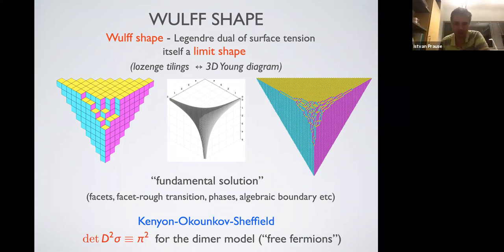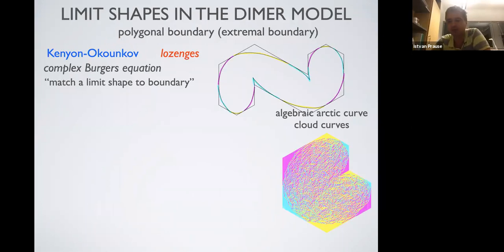Well, in the usual normalization, it's the constant pi squared, and this is true for the dimer model or more generally for free fermionic models. Now, once we know what the surface tension is, one can actually consider this differential problem and discuss the limit shapes in the model.